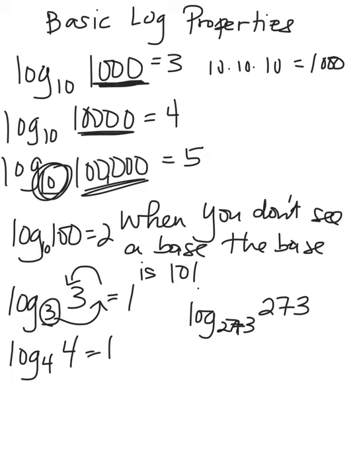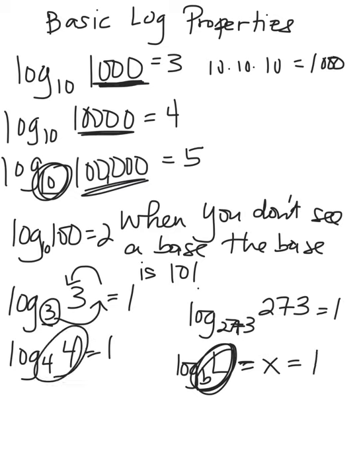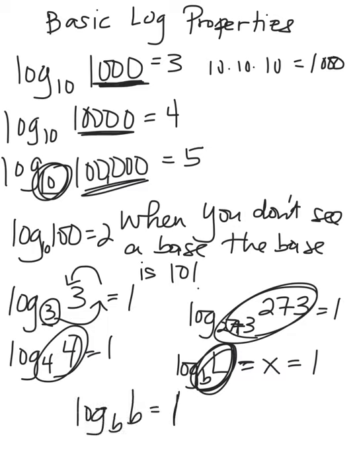And 273 to the first power equals 273. So when our B and L in our formula are the same, x is always equal to 1. So when these two things are the same, the outcome will always be 1. So log base B of B equals 1.